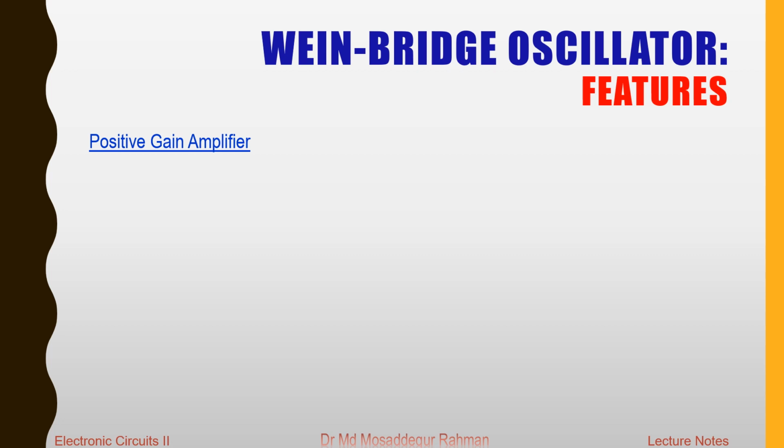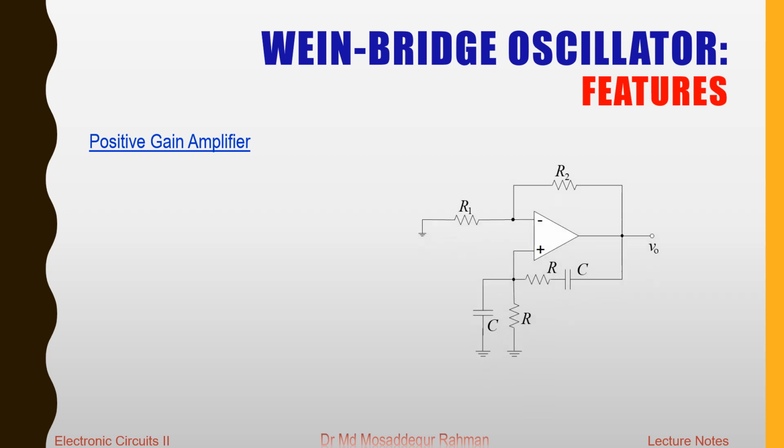So first we see a circuit example of an oscillator circuit using a positive gain amplifier, which is also known as the Wien bridge oscillator. This is the circuit that uses a positive gain amplifier to obtain the oscillator circuit.